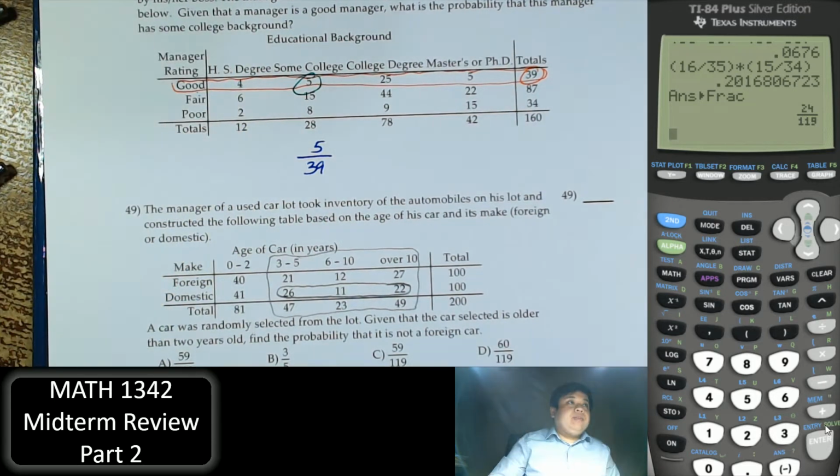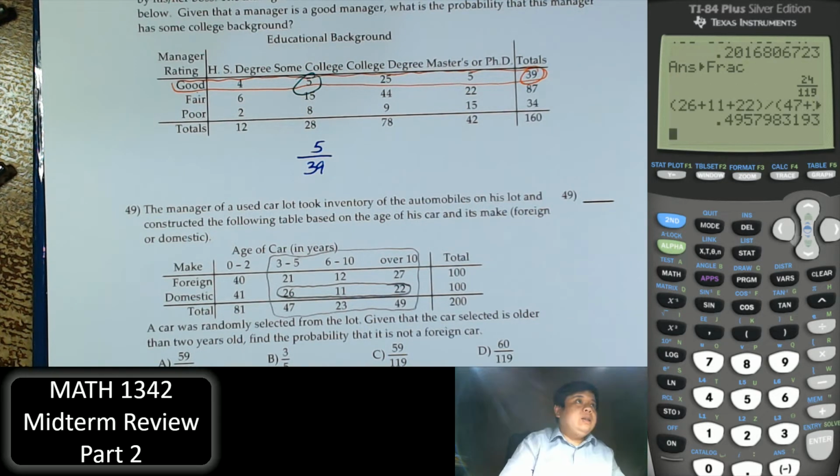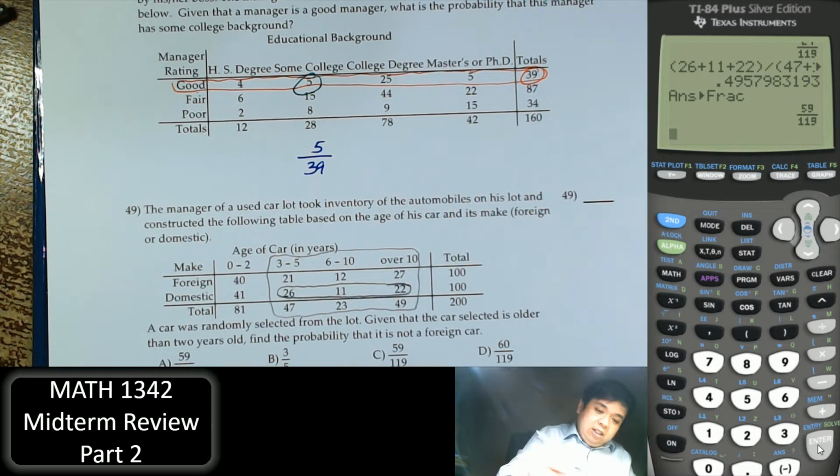So at the top we have 26 plus 11 plus 22 divided by the bottom 47 plus 23 plus 49. If we want fraction, hit math, convert to fraction, 59 over 119.